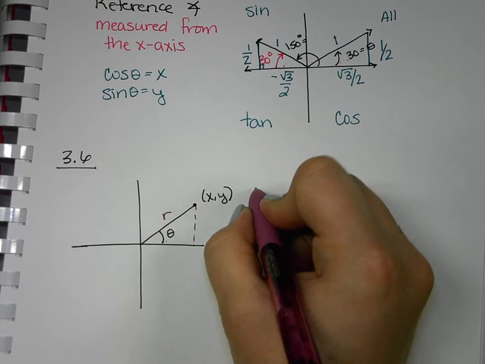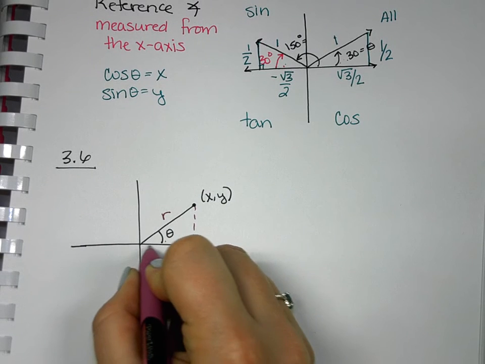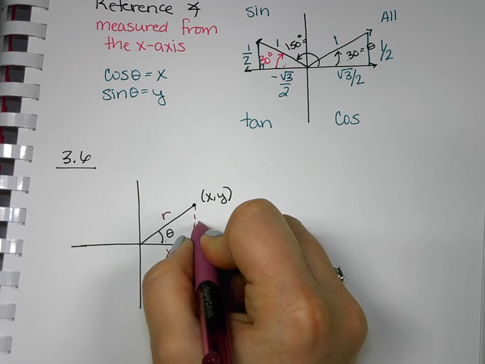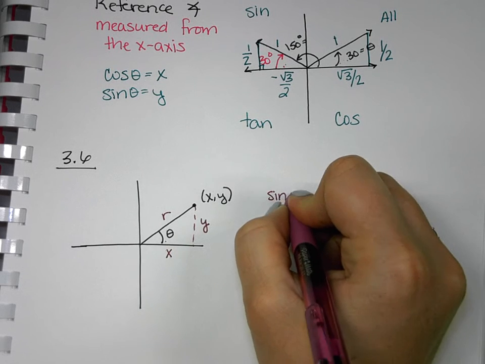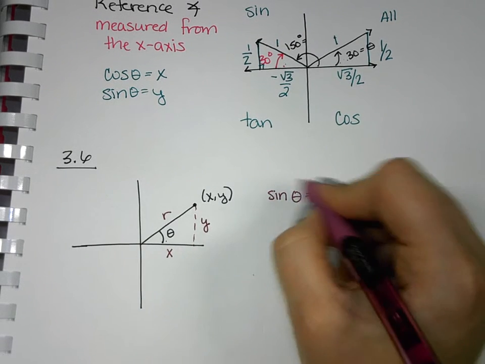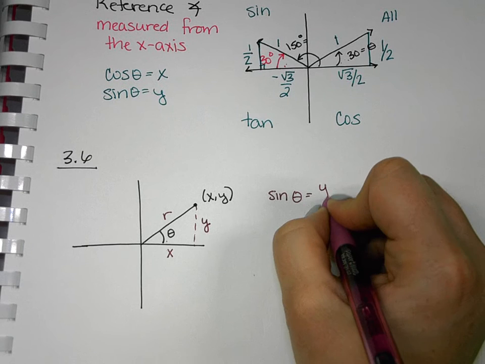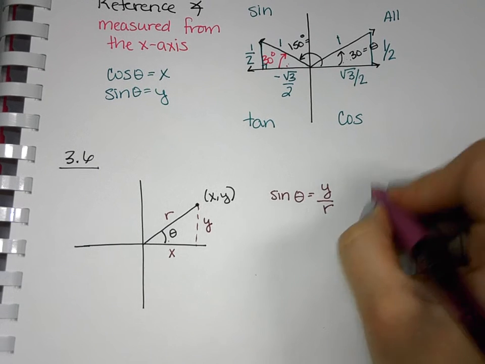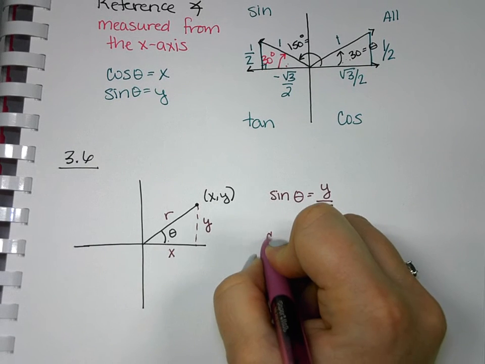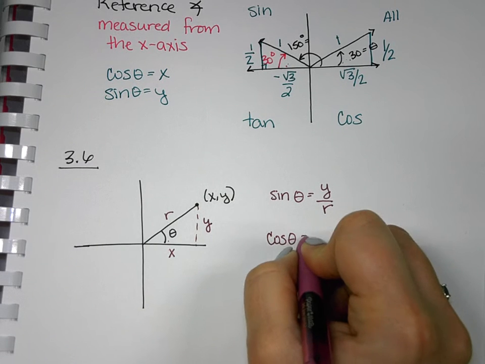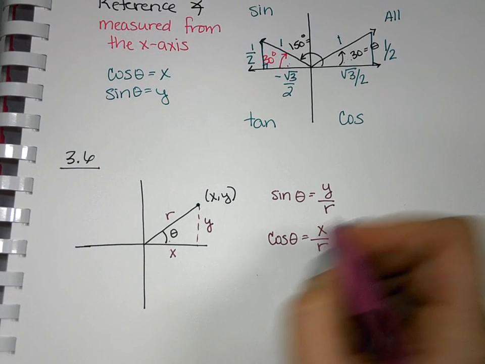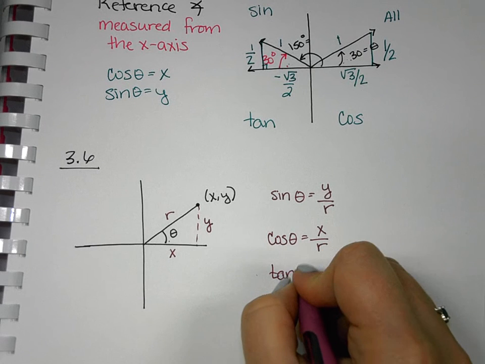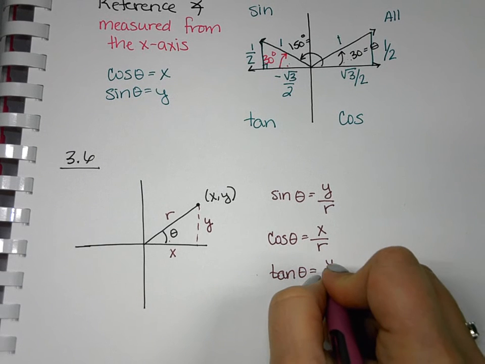And we have to remember that cosine is x and sine is y. So when we talk about sine of our angle, we're going to be talking about the opposite, y, over the radius. Our cosine of our angle is going to be the x value of our ordered pair over the radius. Our tangent is going to be y over x.